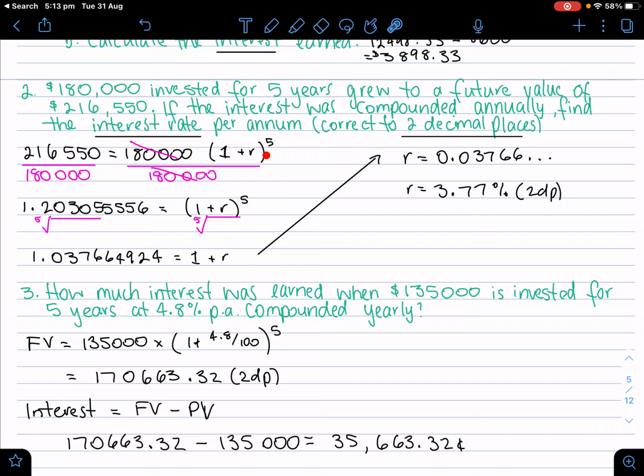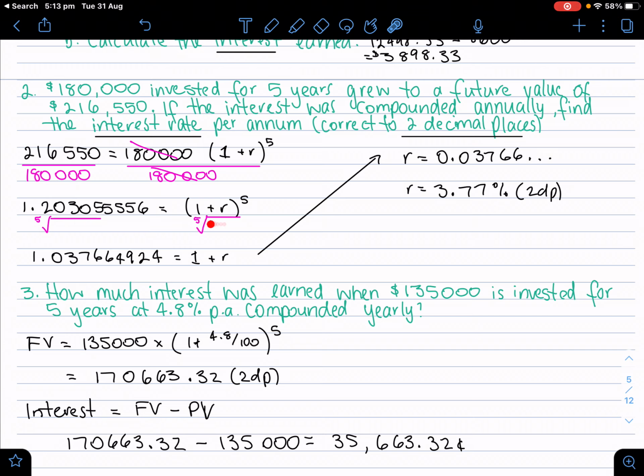Now I'm going to have to use equations to get R by itself. So the first thing I do is I divide both sides by 180,000 to get rid of that. And I get this. Now, to get rid of the power of 5, I need to use the root 5. And every calculator will be different, but on the Casio ones, it's on top of the X power button.